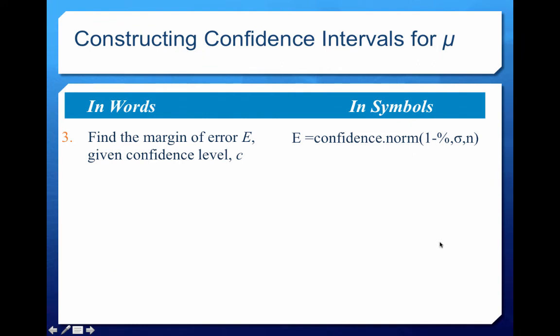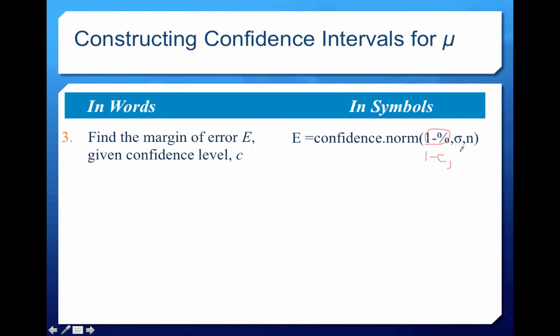And then we're going to find the margin of error given our confidence level C. So how do we do this? This is where we go in Excel and type equals CONFIDENCE.NORM. We're going to type in here 1 minus C, using decimals, of course, then our standard deviation.